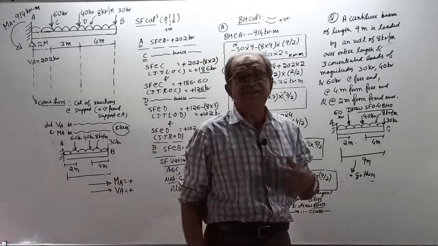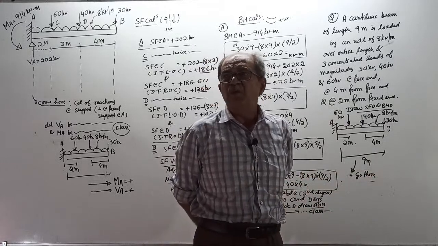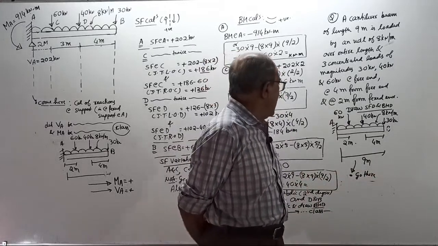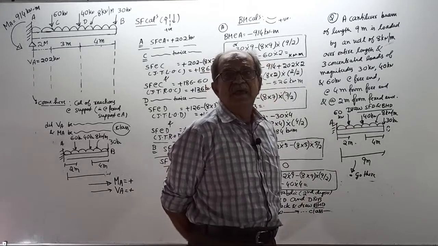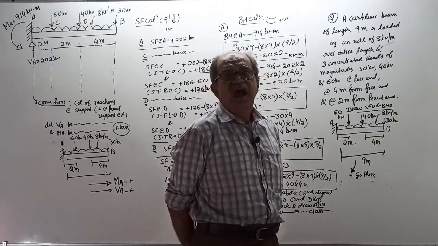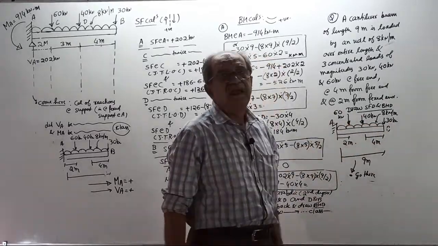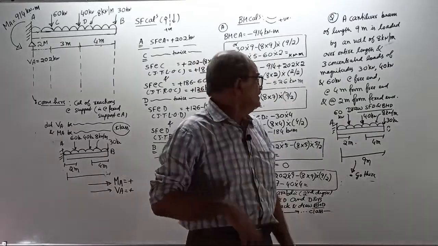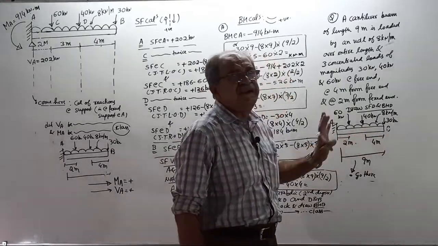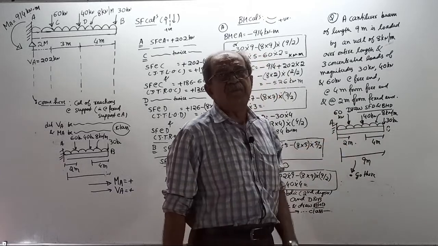Suppose somebody gives this question by words: a cantilever of length 9 meter is loaded by UDL of 8 kN per meter over the entire length and 3 loads of 30, 40 and 60 at the right end, at 4 meter from the right end and 2 meter from the left end.